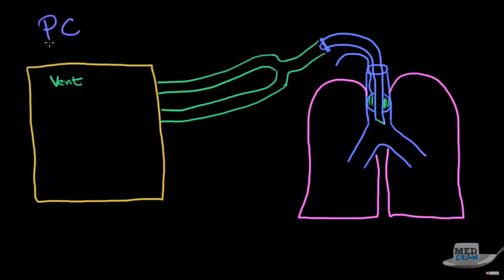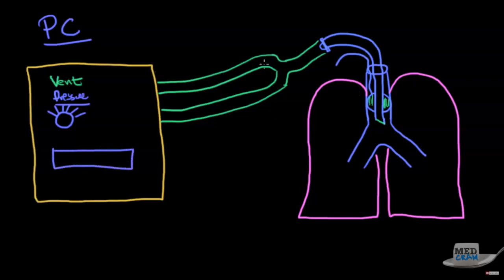Now, let's contrast this with pressure control. In pressure control, what we're doing is we're setting a pressure. In other words, we're going to decide how much pressure we're going to ventilate this patient with. And so, as you can imagine, if we're setting a pressure, there is a specific compliance to this lung, depending on what state it is in.